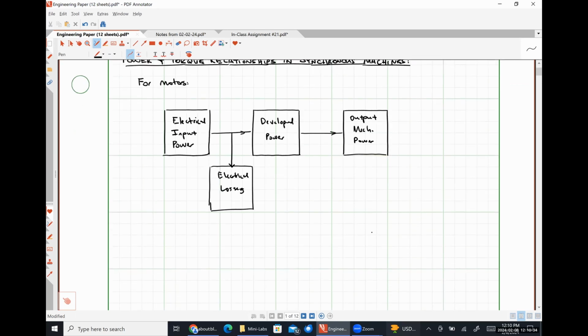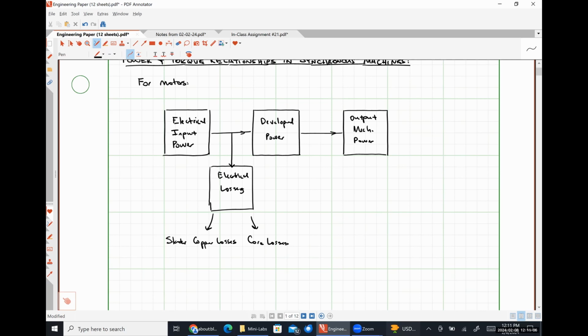And these electrical losses are going to be things like our stator copper losses, we might also have our core losses. And typically speaking, we might have some rotor copper loss as well.